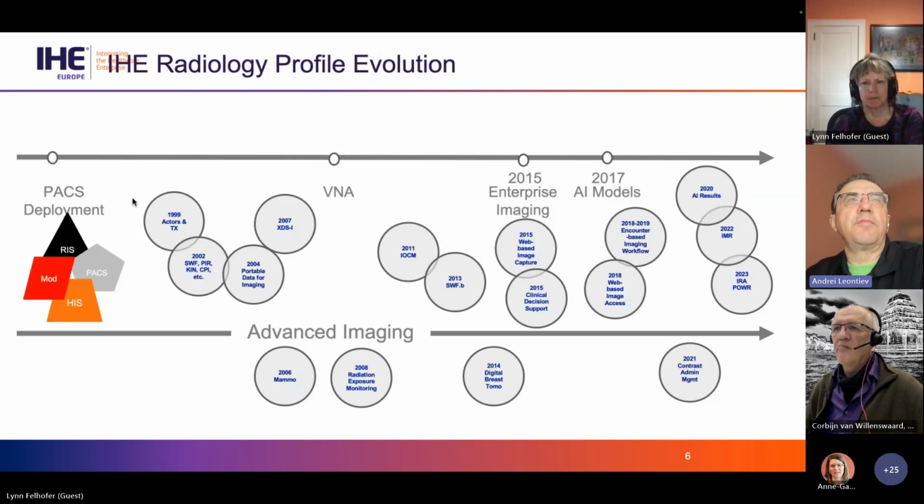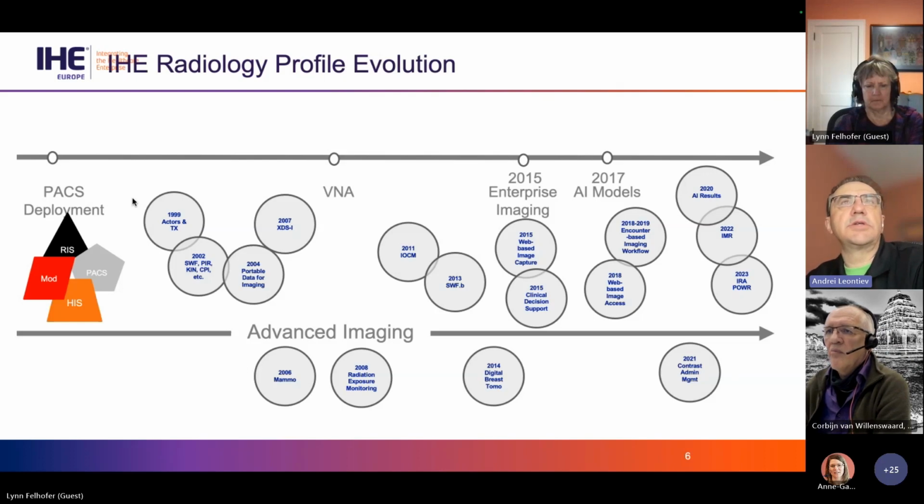And a number of profiles have been developed in the course of the years, pretty much following the changes in the environment and technologies in the healthcare landscape, where from disparate PACS, the new items were coming in new product categories such as vendor neutral archives, and then progression of the healthcare into enterprise imaging, so essentially moving imaging from purely radiology aspect to cover other imaging based clinical categories.